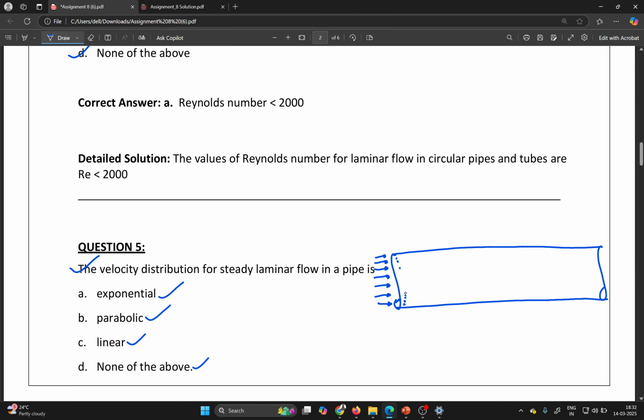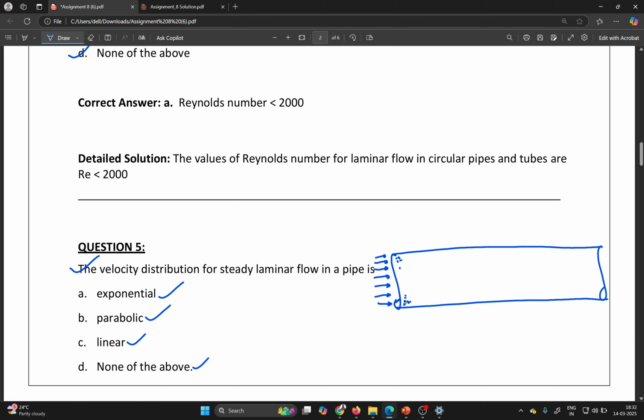So let us suppose here is 0, here is 0, here let us suppose the magnitude is 1. Here, the second point, the magnitude is 1, just for example. As you move in the forward direction, what will happen?